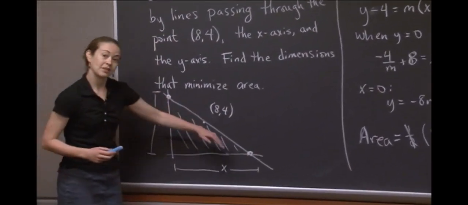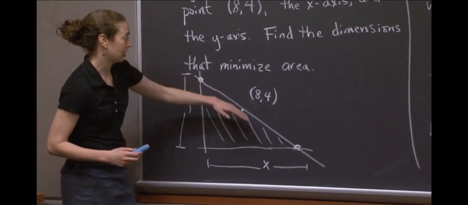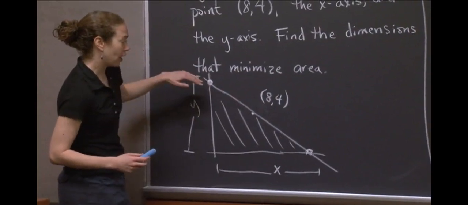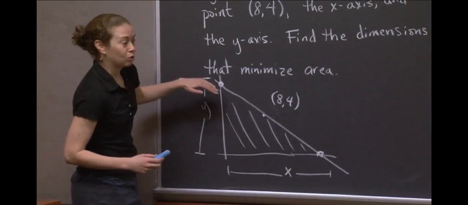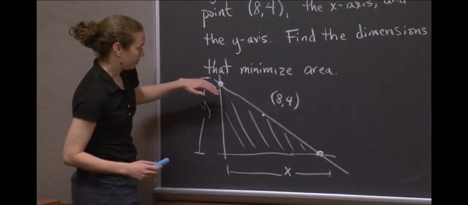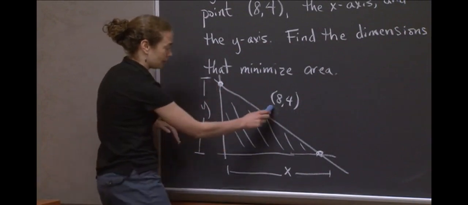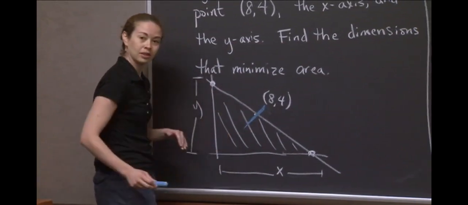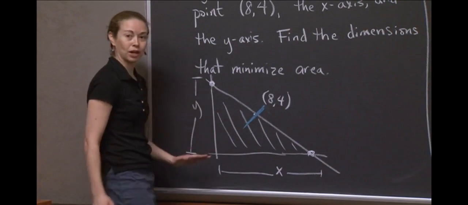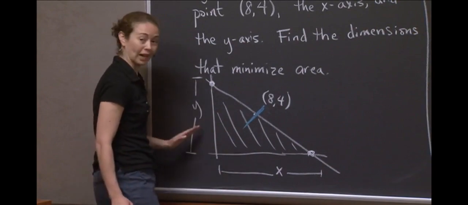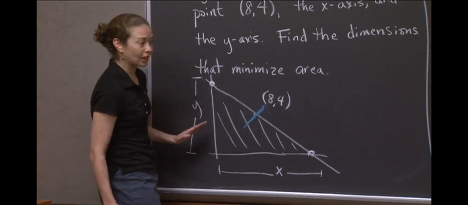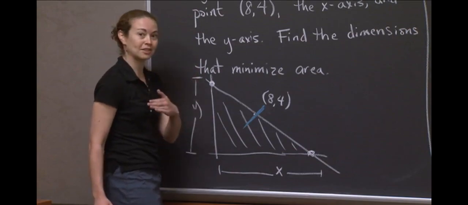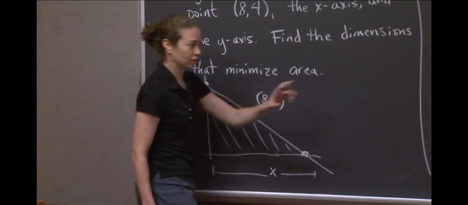Notice the slope of this line is negative, right? If I were going to do a positive sloping line, which would be the case where m is equal to 1/2, I would get something that's headed in this direction. And notice that that's not going to make a triangle with the x and y axis. And so immediately, m equals 1/2 isn't even allowed to work.